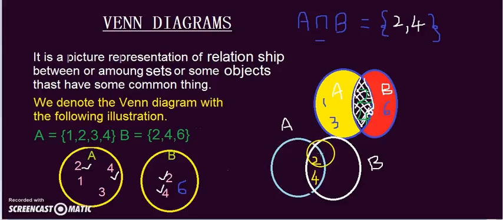So this entire part is our intersection part, 2 and 4. This is how we can represent the Venn diagram for A intersection B.